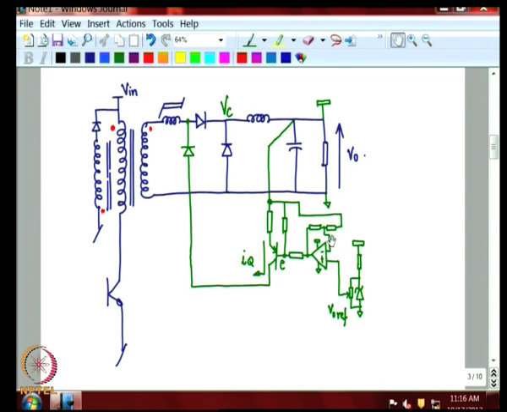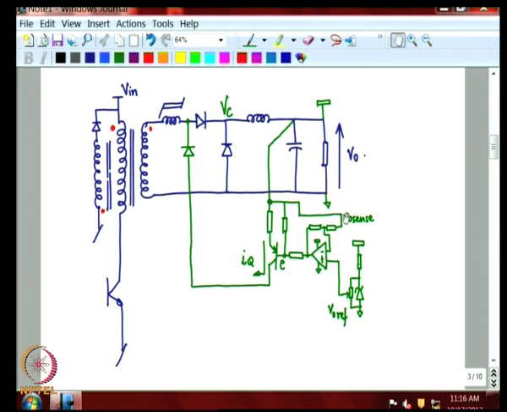Then to the negative point, it is coming from V0 itself. So, the V0 a line is taken from here, that will be the V0 sense, V0 sense, and through the non-inverting amplifier appears here.